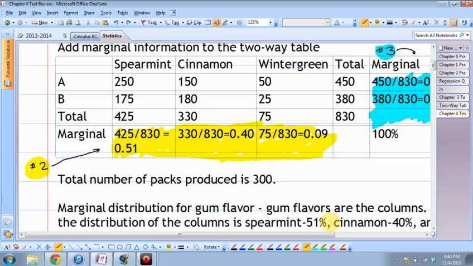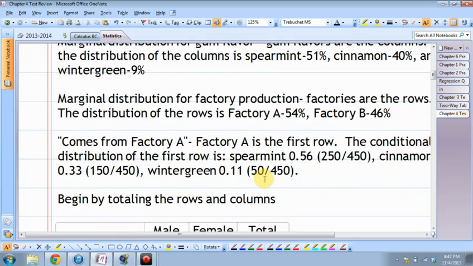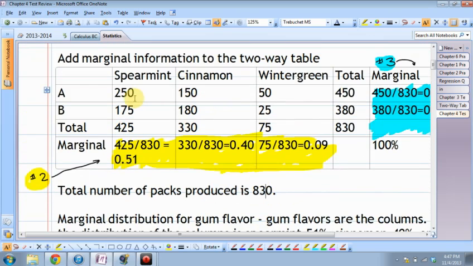Question 4. Conditional. Why does that say 300? 830. Okay. Question 4. What's a conditional distribution of gum flavor given that the gum comes from factory A? So we're saying from factory A, what's the distribution of gum flavor?